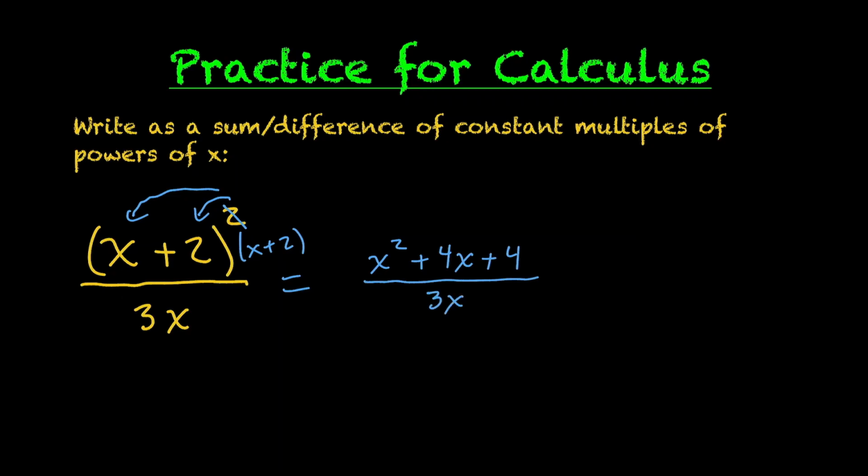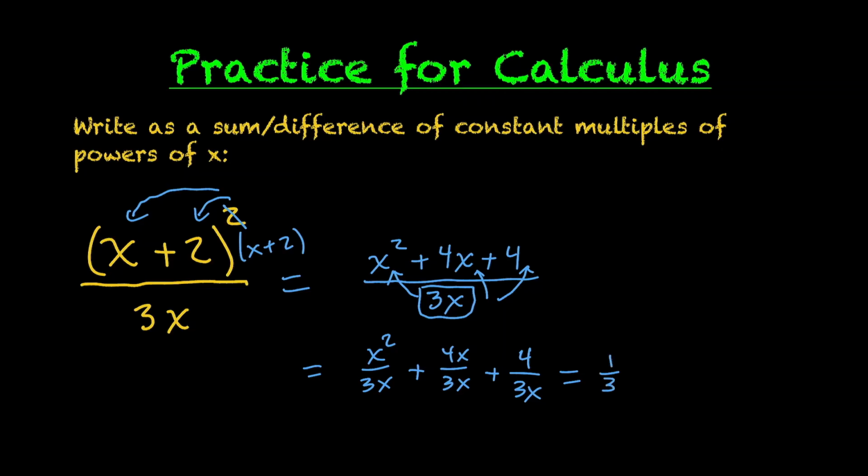Okay. Now we need to remember the way that fractions work. If we have a single term on the bottom called a monomial, it can divide into each one of the terms on the top. Okay, so we could rewrite this as x squared over 3x plus 4x over 3x plus 4 over 3x. And now, using our laws of exponents, the first one, the over 3 just becomes a 1/3.